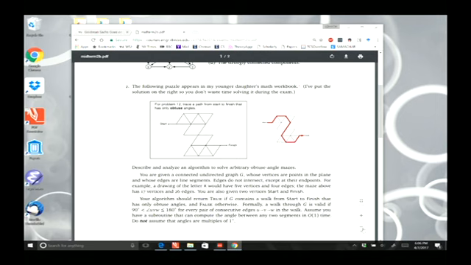Jeff must have put something here. What is the start here? So you're given a start vertex. In general, you have to be a little bit more careful.